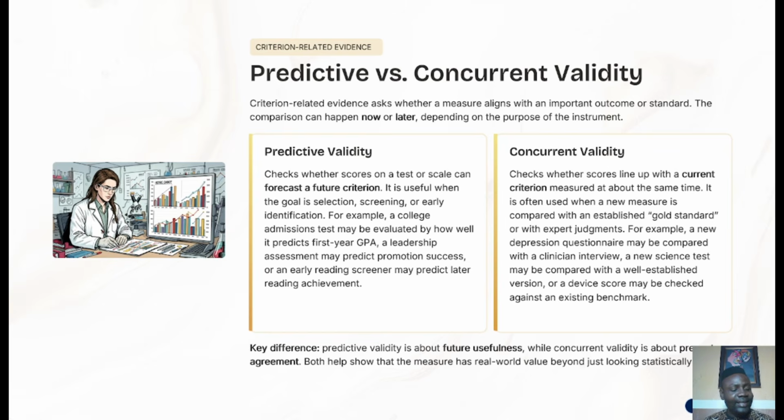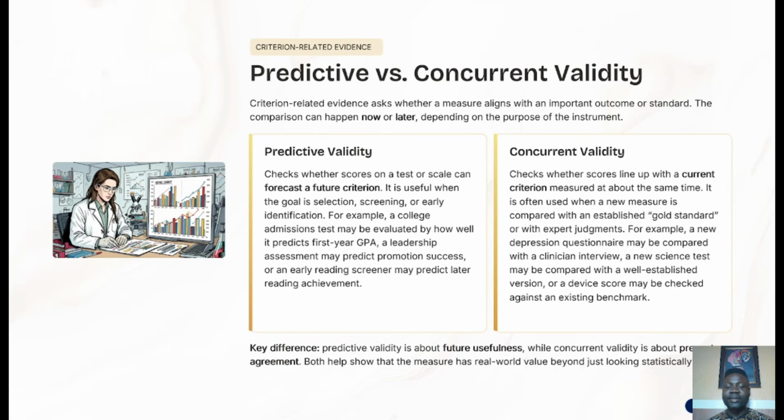So it means that the newly designed instrument does not have concurrent validity with the established one. That is the logic of the validity, as it were.